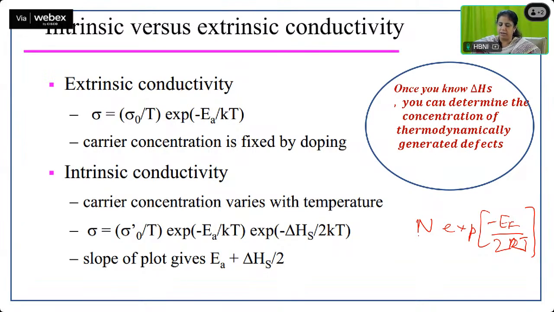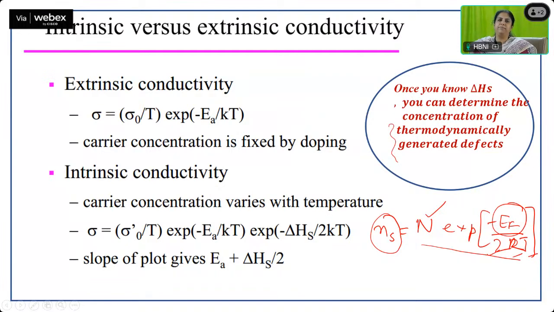Sorry, this NS is the number of Schottky defects created. I know this, I know this, I know this, I know the temperature, and I have just calculated Ef in the previous step. I can calculate the concentration of thermodynamically generated defects. All right. This is how conductivity can be used to study point defects.